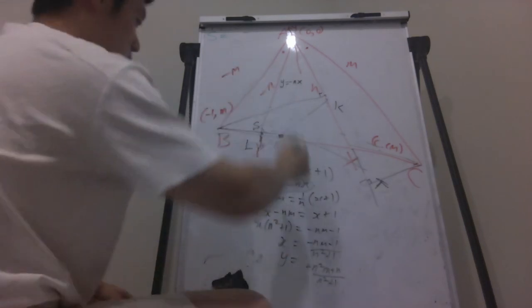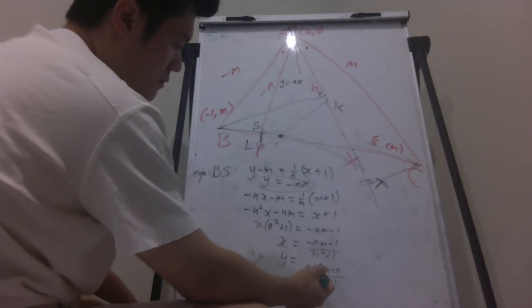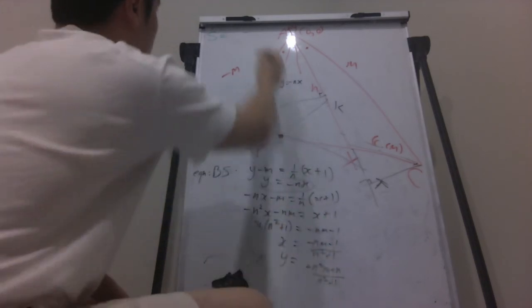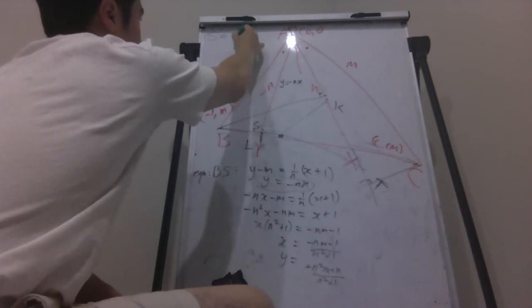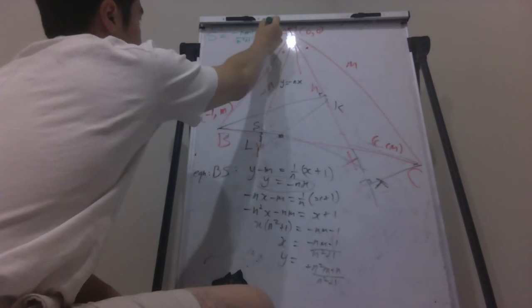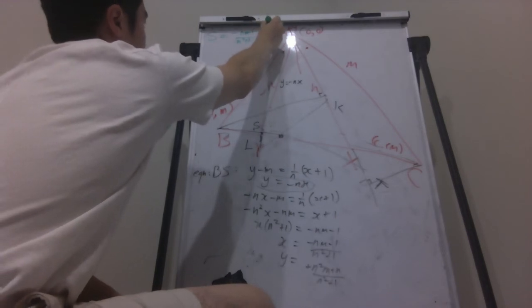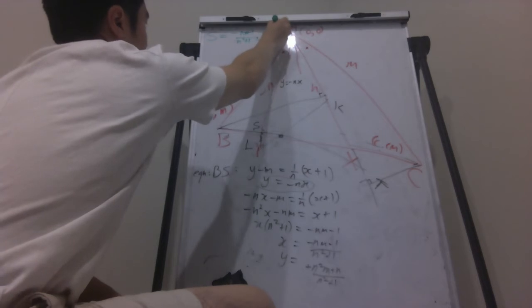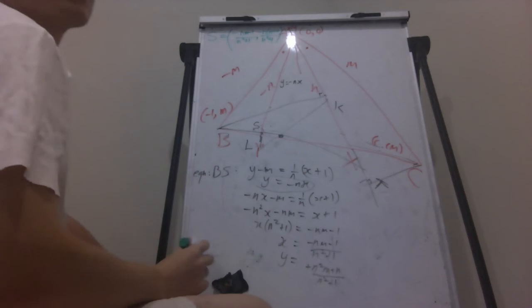So S is equal to minus nm minus 1 on n squared plus 1, comma, minus n outside of nm plus 1 on n squared plus 1. Yeah? You see that?